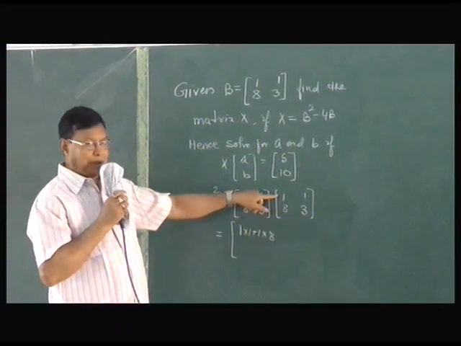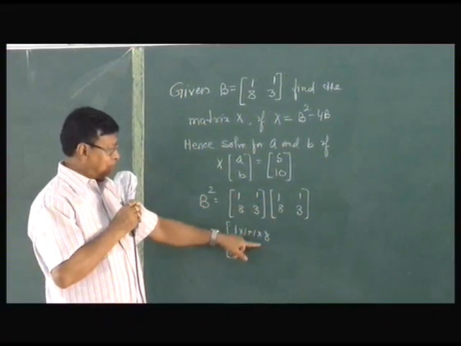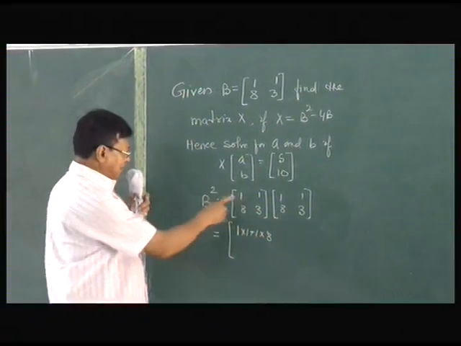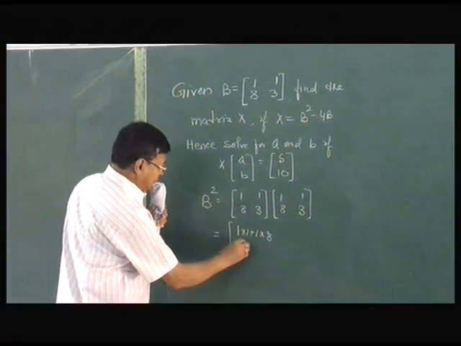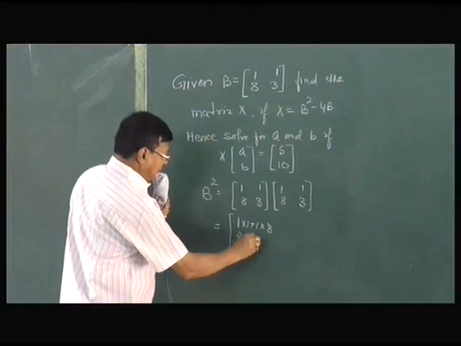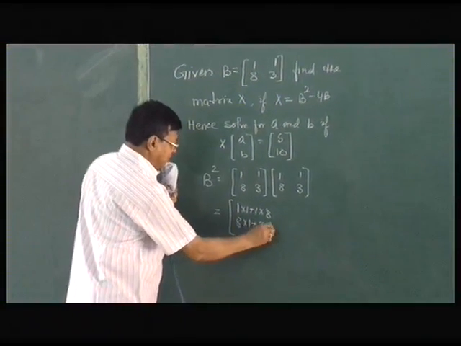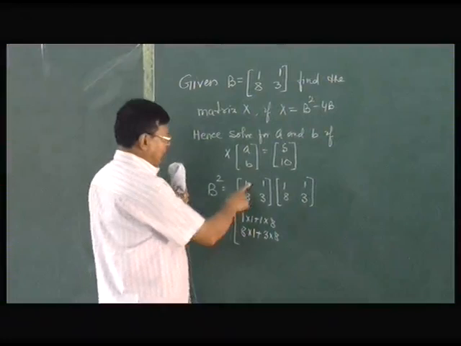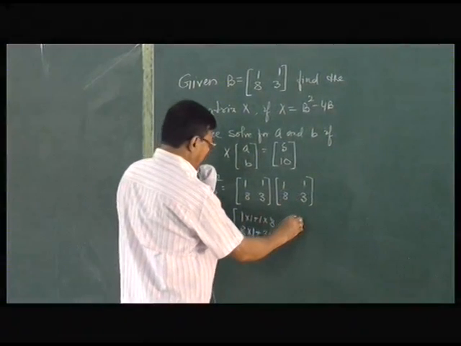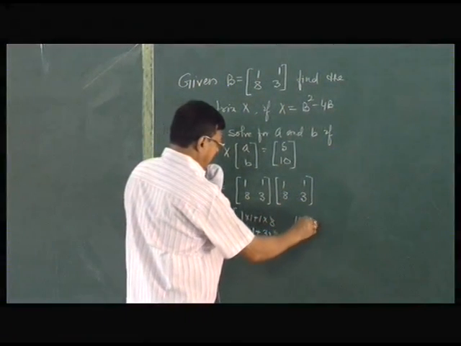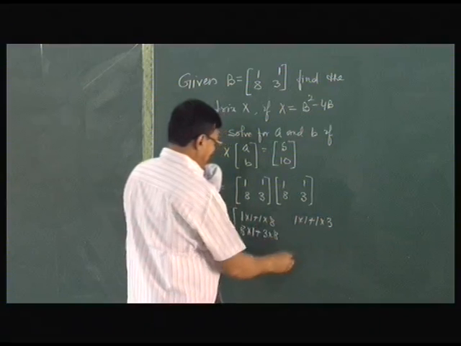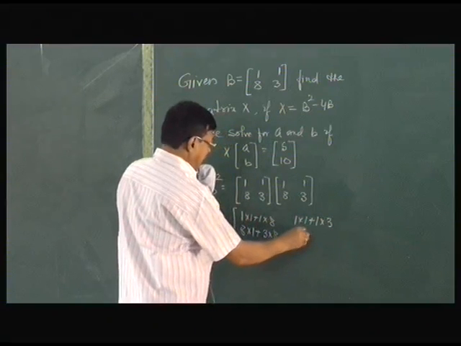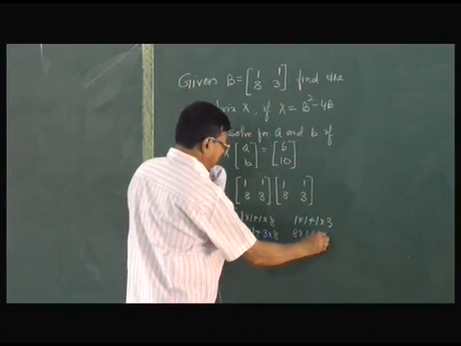So 1 into 1 plus 1 into 8. Then the second row multiplied with the first column, so 8 into 1 plus 3 into 8. Then first row with the second column, so 1 into 1 plus 1 into 3. Then 8 into 1 plus 3 into 3.